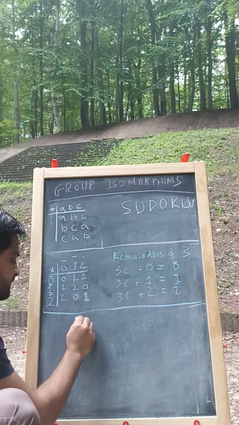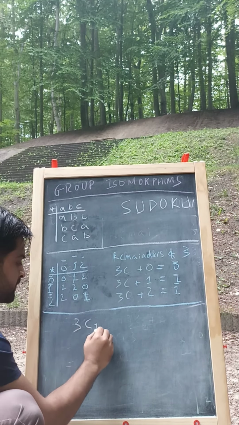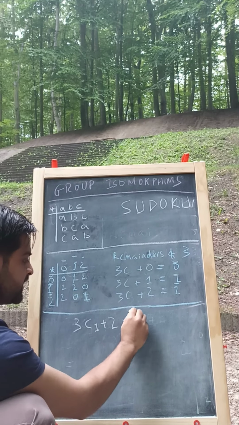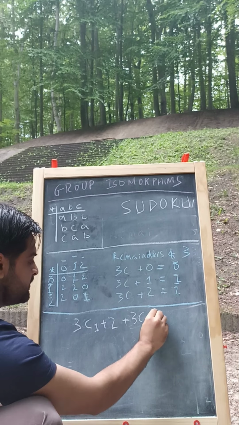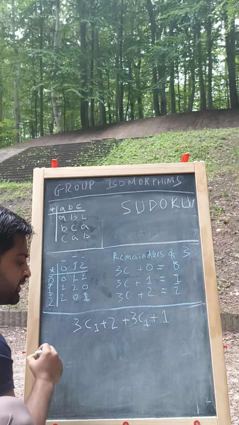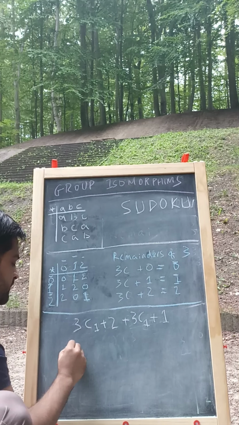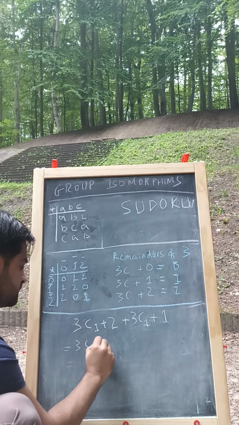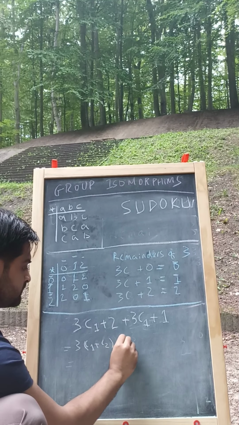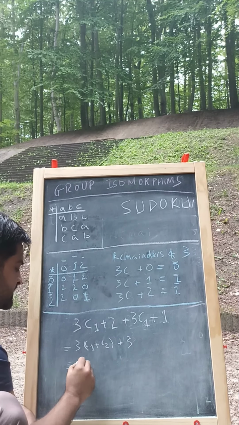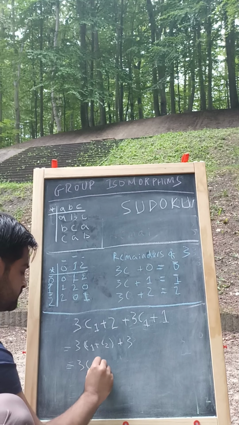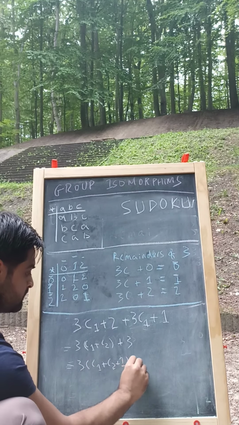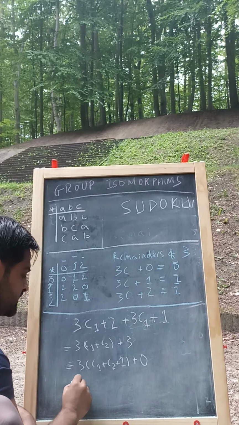So for example, if I were to take a number which has a remainder of 2 when divided by 3, and I were to add that to a number which has a remainder of 1 when divided by 3, I will get a number of the form which can be rewritten as, and then be rewritten as.